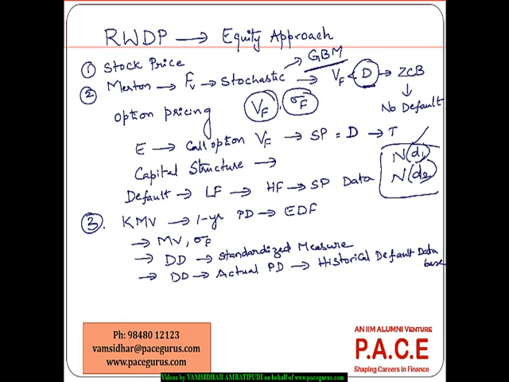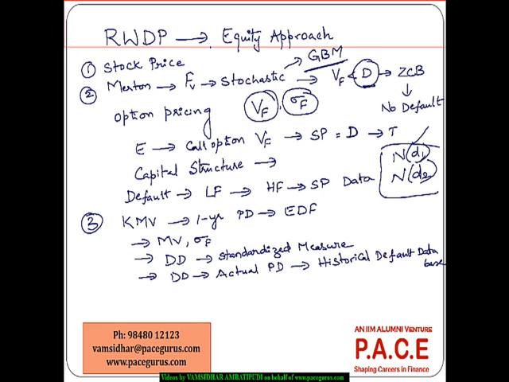Same way for 4. For different kinds of distance to default, from my historical default database, I am trying to obtain the number of firms belonging to that particular category that have defaulted in the past. So the distance to default is more like a standardized distance, and here we are estimating the default probability empirically based on the historical default numbers.